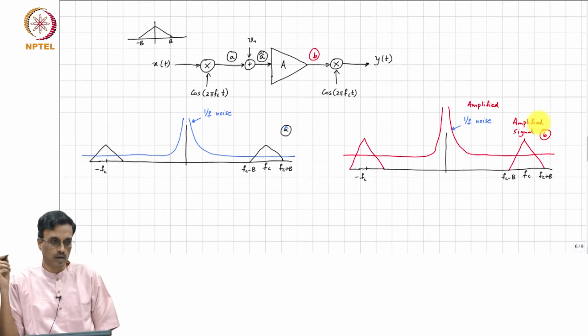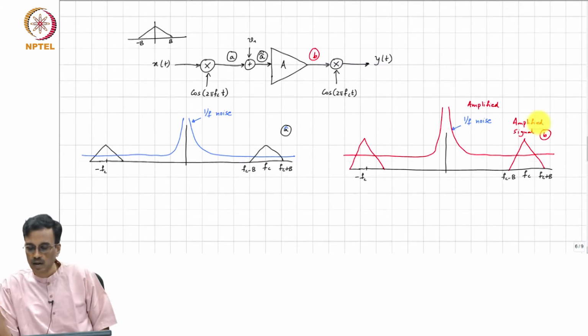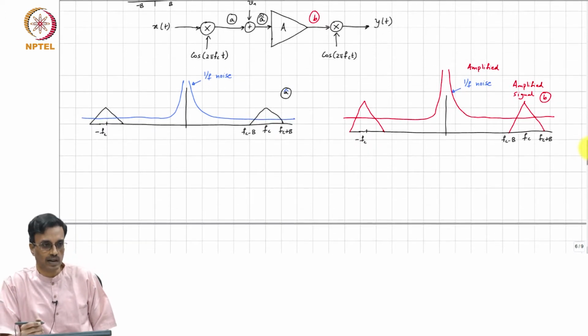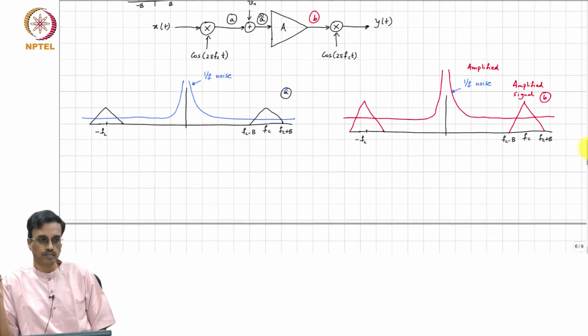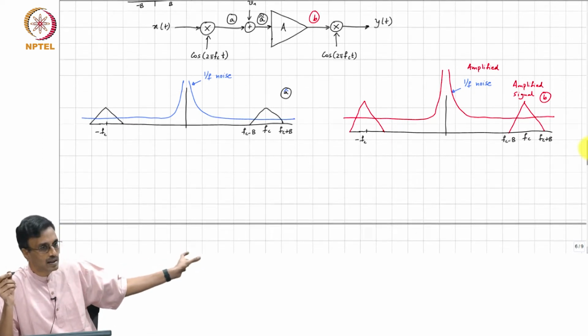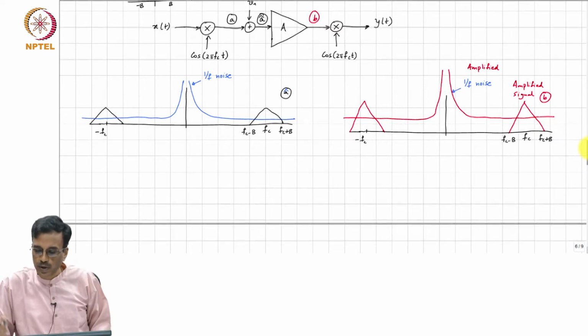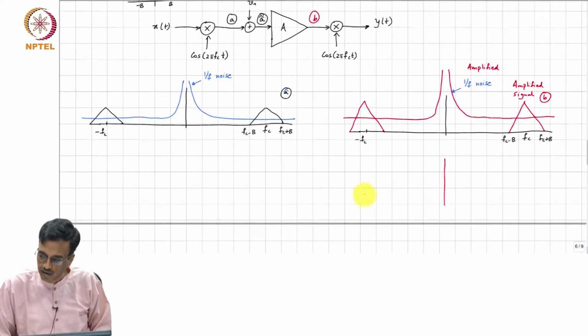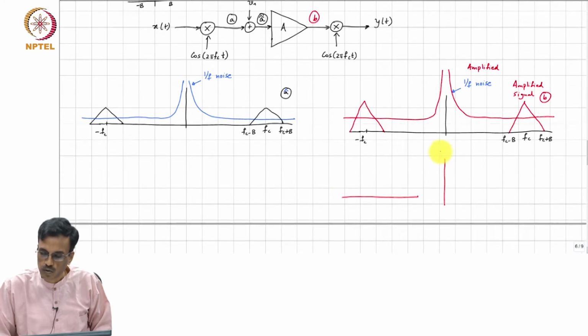All right, and now if you multiply this by cos 2 pi f c t, what do you think will happen? This will get translated to the left and to the right. So, when it gets translated to the left, let us say this is y of t.